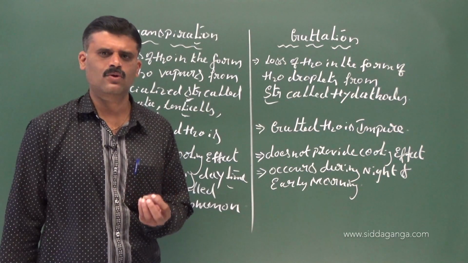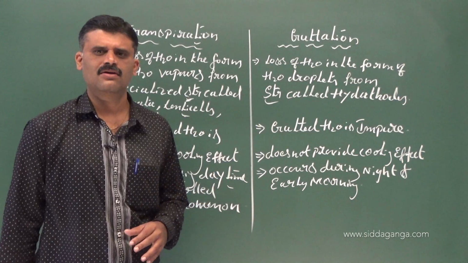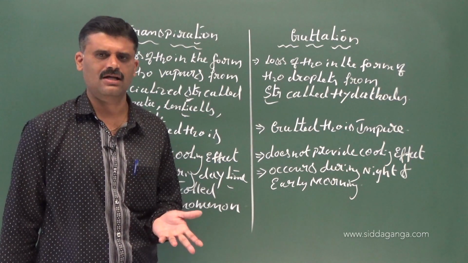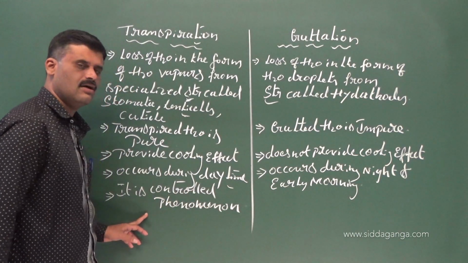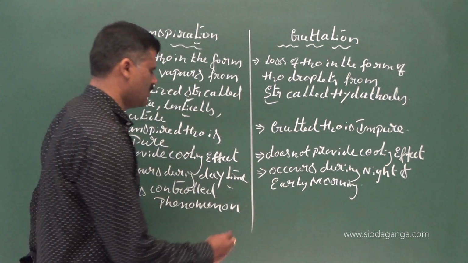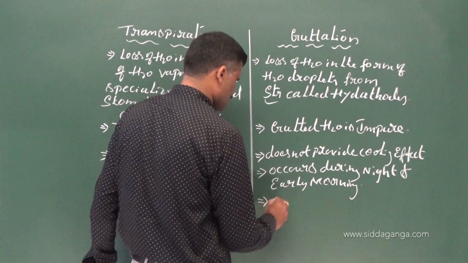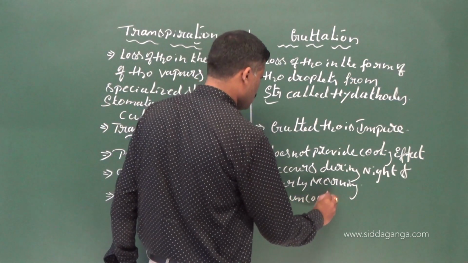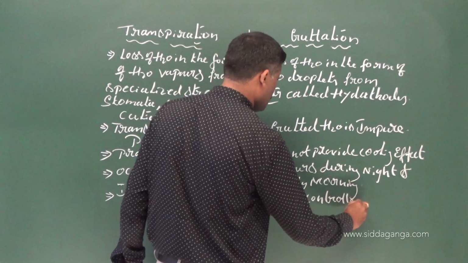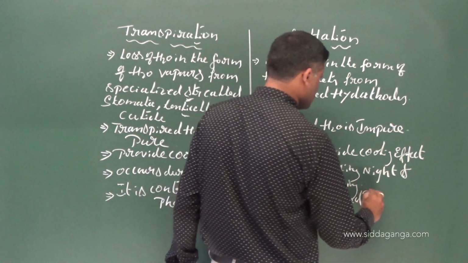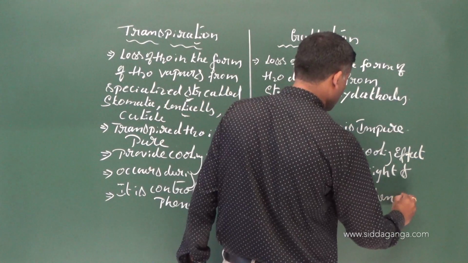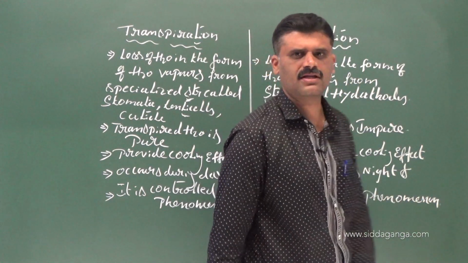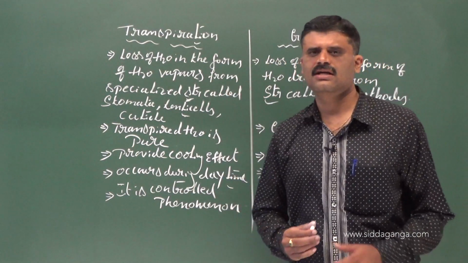If the stomata close, then transpiration will stop. If stomata open, then the transpiration will occur. So, it is a controlled phenomenon, whereas guttation is an uncontrolled process or phenomenon. So this is the difference between transpiration and guttation.